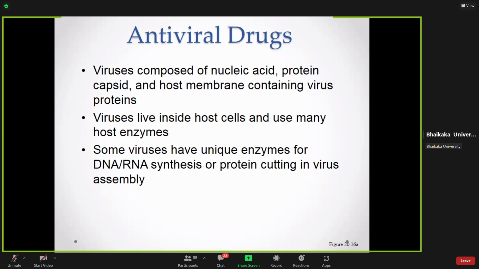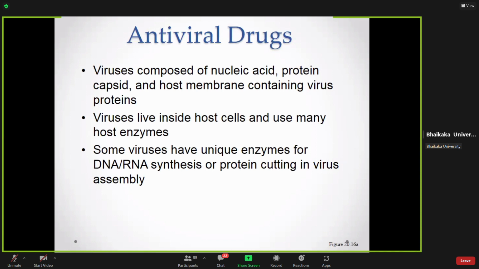So if we want to prevent their replication, we actually will have to give a medication which will prevent the host cell physiology. Now that is also not good, because in that case the drug will not be able to see which is the virally infected cell and which is the non-infected cell. It will simply go and act on all the host cell metabolism, which is not acceptable.